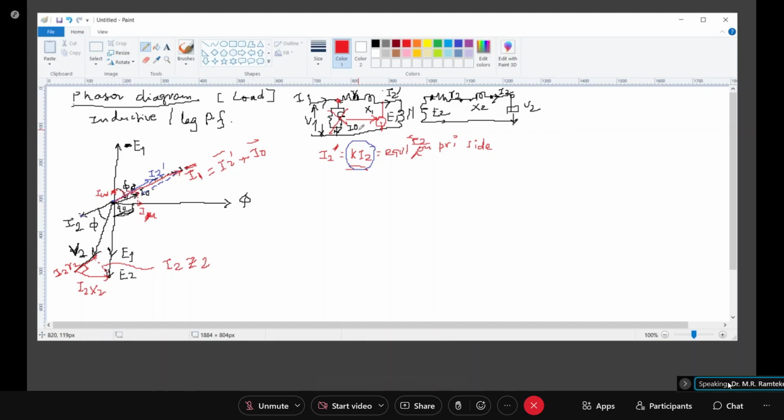Please try for this. Okay? Try. Same way. You have to add drop in I1 R1 and I1 X1 to the E1 to get V1.